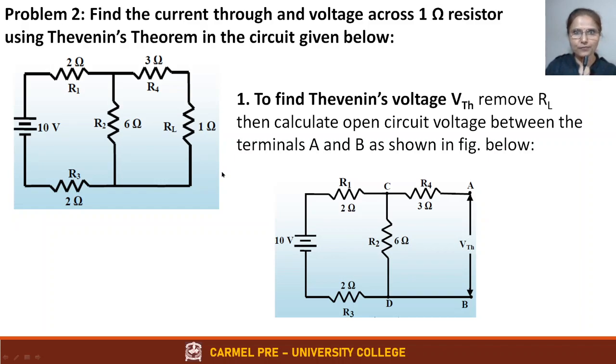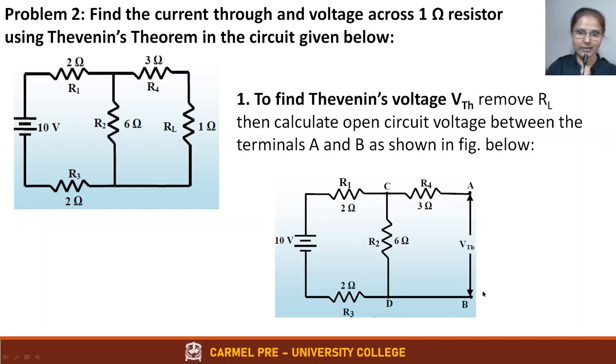To first find VThevenin, we need to open circuit the load resistor. So this will become A, this will become B, and you will draw the circuit again like this with open circuit at the output. So you have to find the voltage across AB, the open circuited voltage. Like how we discussed earlier, when it is open circuit, current will not flow.